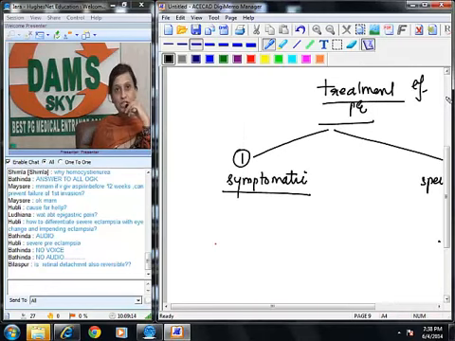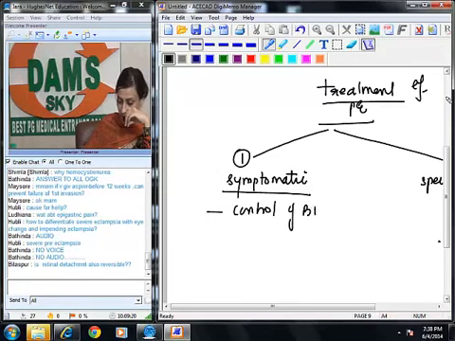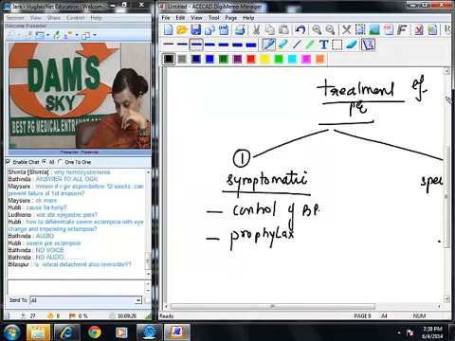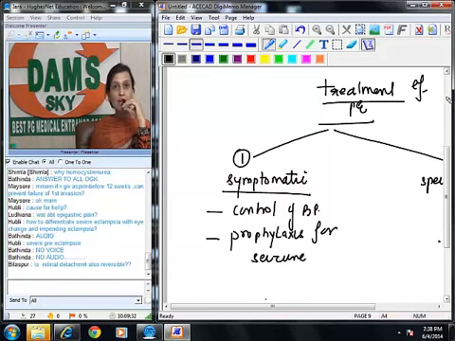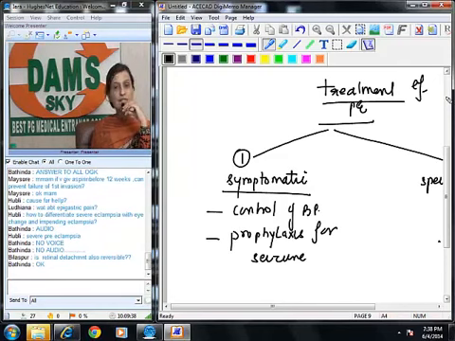Now, what would be the symptomatic treatment? Symptomatic treatment is what we would do in the form of controlling of blood pressure and prophylaxis for seizures. When we do these two things, we say we are doing symptomatic management, that is control of blood pressure and prophylaxis for the seizures.